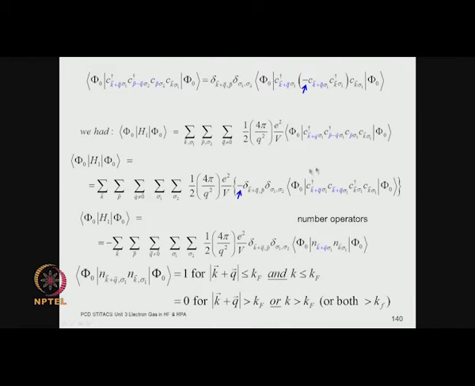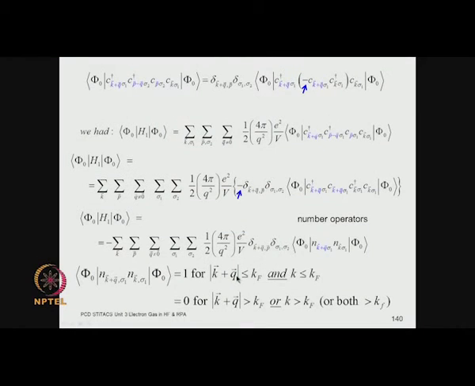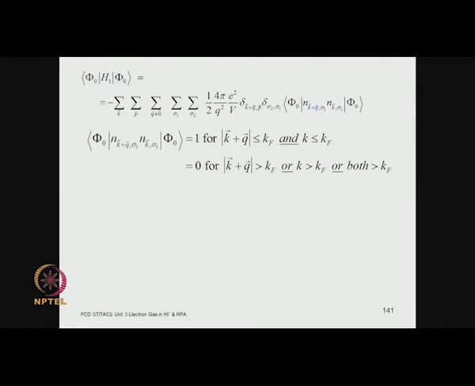So, this matrix element of the creation and destruction operators is going to contribute either 0 or 1, and the conditions when it will contribute a non-zero value are determined by whether k plus q and k itself are less than or equal to the momentum at the Fermi surface or greater than that.